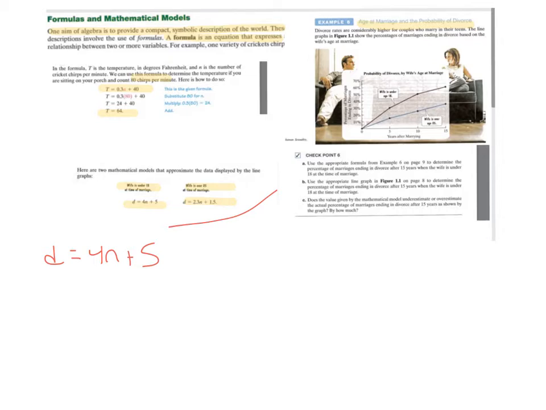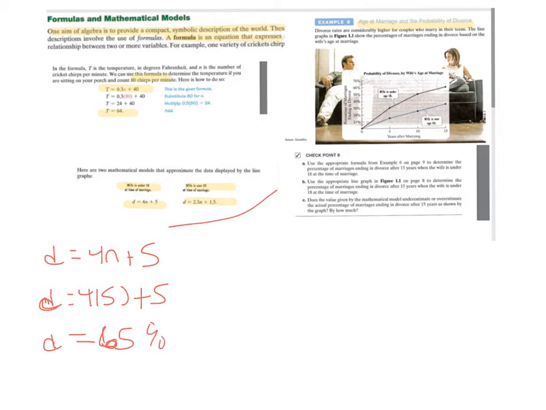In this case, it happens to be 15. So if we put the 15 into our formula, we get 65. That's the percentage of divorces.